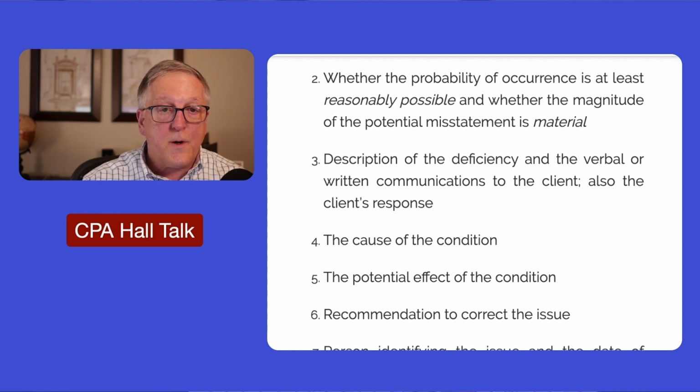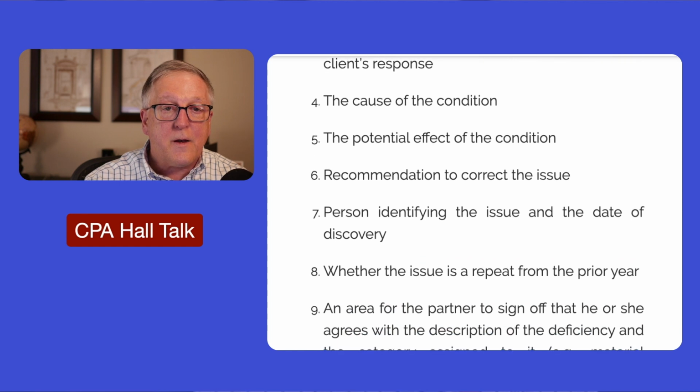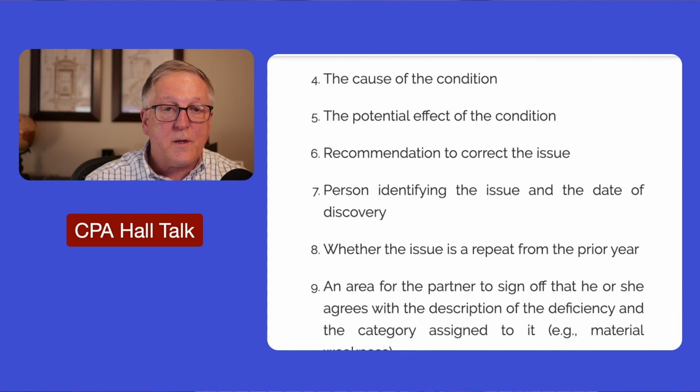Third, you want a description of the deficiency and whether or not that was communicated in writing or verbally. Fourth, you want the cause of the condition. What allowed that internal control weakness to exist? Five, the potential effect of the condition.